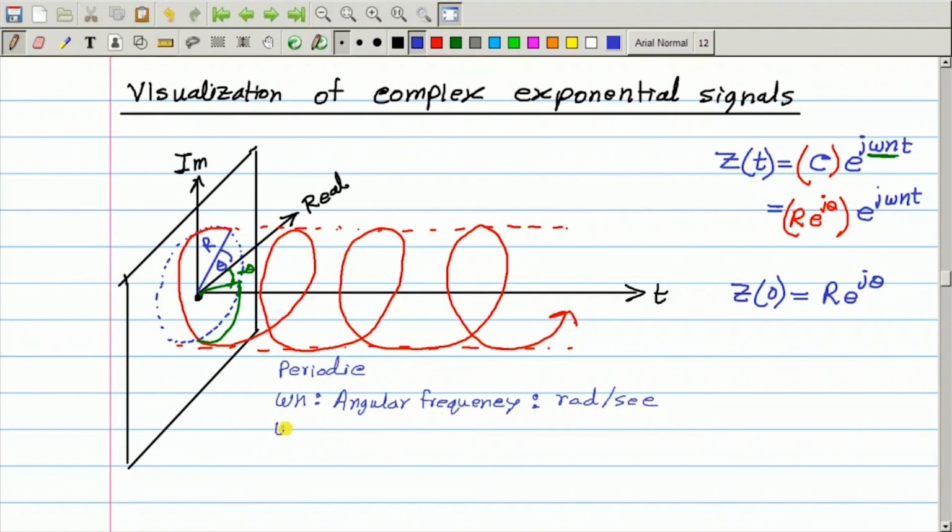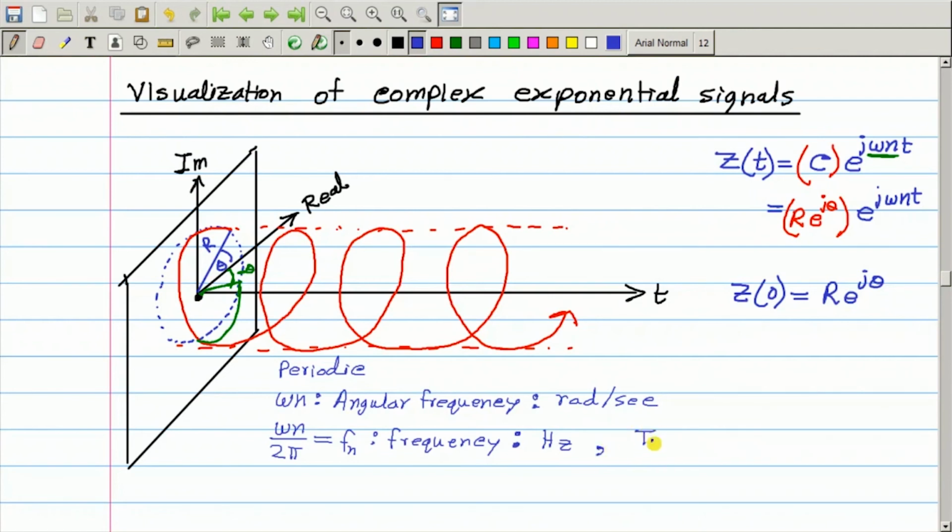Now if you divide omega n by 2 pi radian, then that is the frequency of this signal. That is the number of complete cycles or complete rotations per unit time. And that has a unit of hertz or cycle per second.